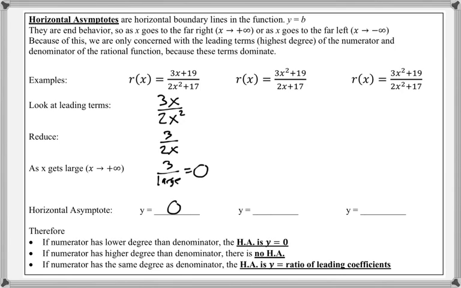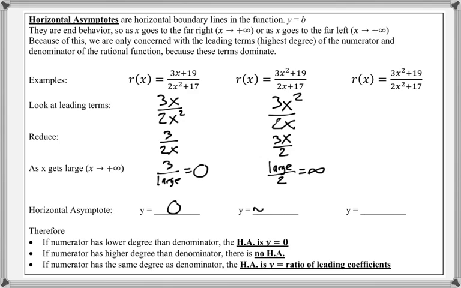Let's look at this case here where we have a 3x squared and a 2x. On this one my higher term was on the bottom. Here my higher term is on top. If I reduce this, this is going to be 3x over 2. And then if I plug in infinity, it's going to be a large number over 2, which just equals infinity.